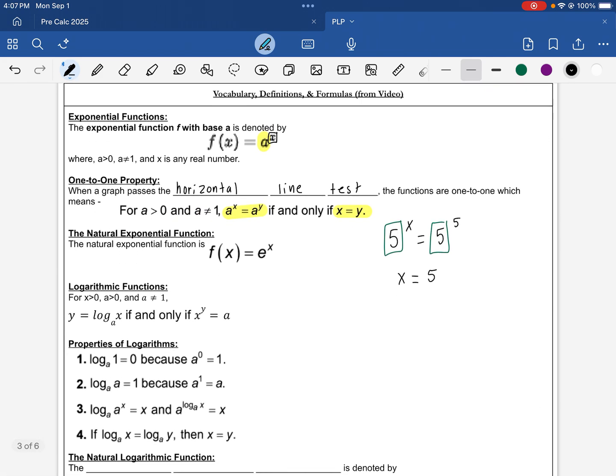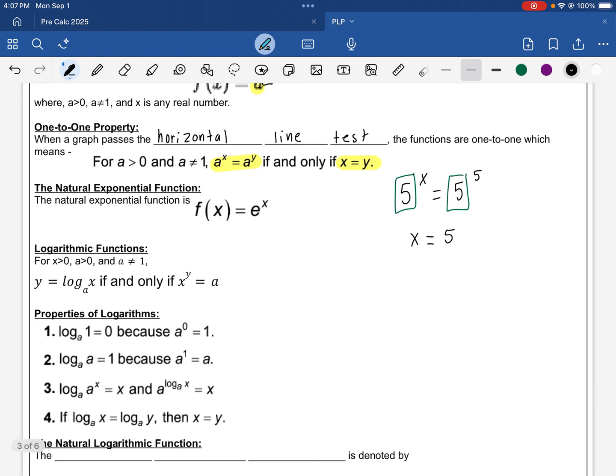Let's go back over to definitions for just a second. The natural exponential function is f of x is equal to e to the x power. Here e is a number, called Euler's number. You'll hear it said different ways. You can find the button e on your calculator.